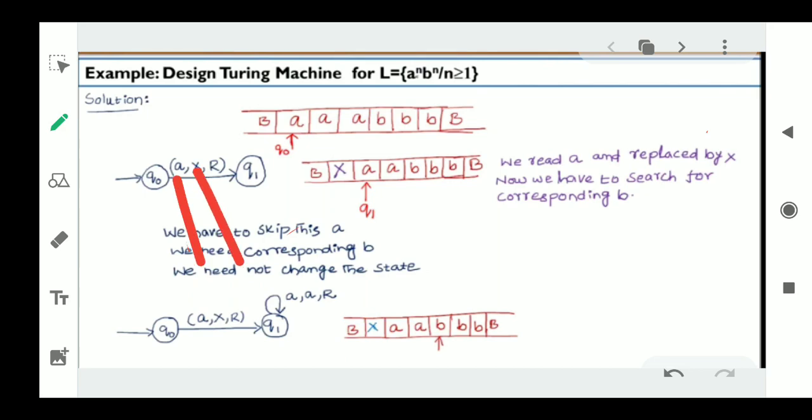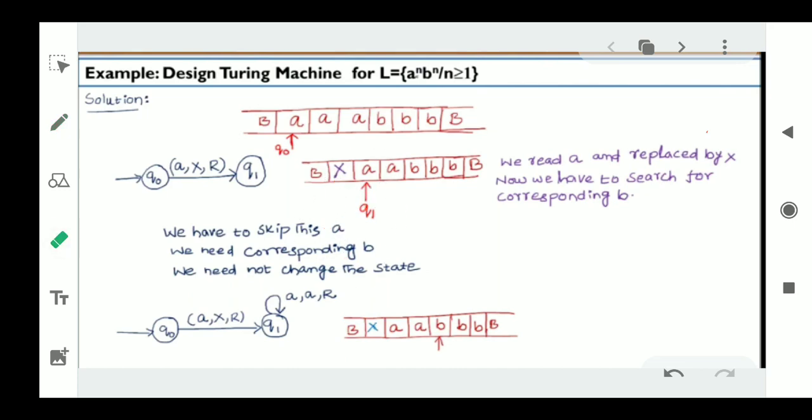The second one is the symbol we are going to replace it with. So we have replaced that with capital X, and this R indicates the direction we are moving. R indicates the right direction. So after reading a, we have changed that symbol to capital X, and we are moving in the right direction. That is the meaning of that notation.